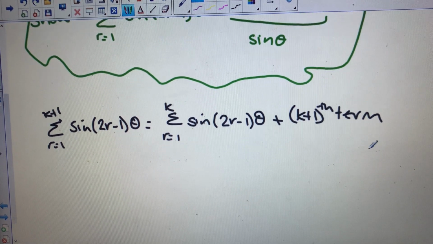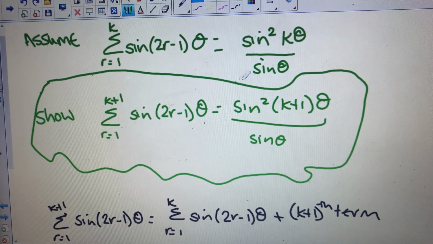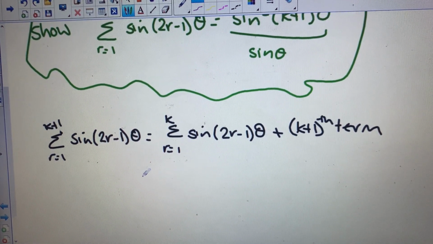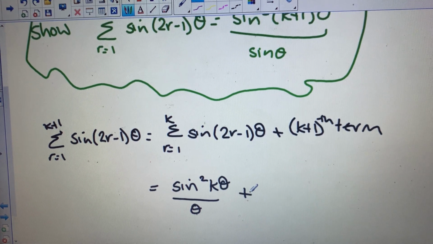Now, from what I'm assuming, the sum of the first k terms is this. So that's okay. That's going to be sine squared of k theta, and I'm going to add to it the k plus 1th term.